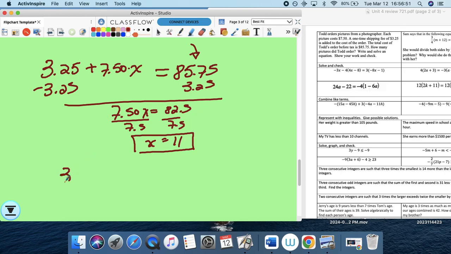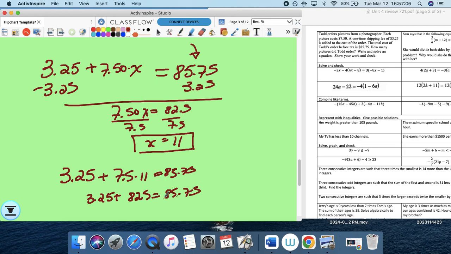And again, do a check. 7.5 times 11 equals 82.5, and 3.25 plus 82.5 equals 85.75, and you can tell already that left side equals right side. So two expressions equaling each other. Very good.